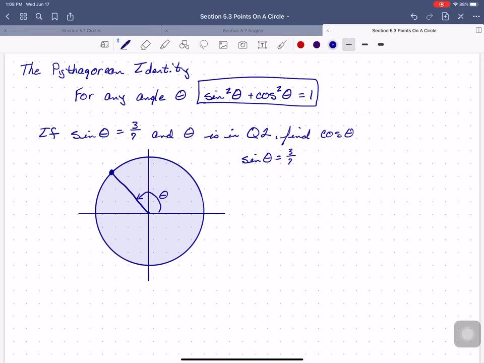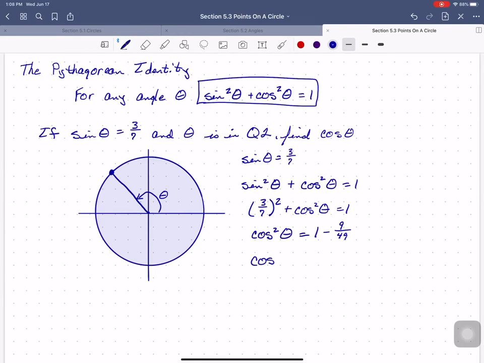So what we know is that sine squared theta plus cosine squared theta equals 1. Now we know the sine is 3/7, which means that my cosine squared is going to be 1 minus 9/49, because 3 squared is 9 and 7 squared is 49.